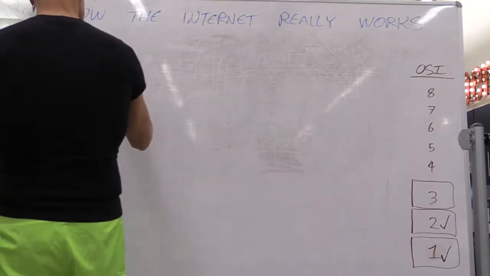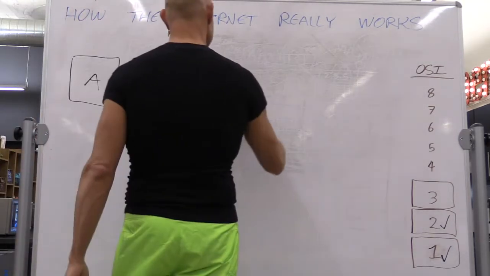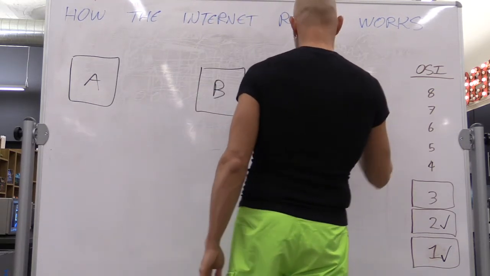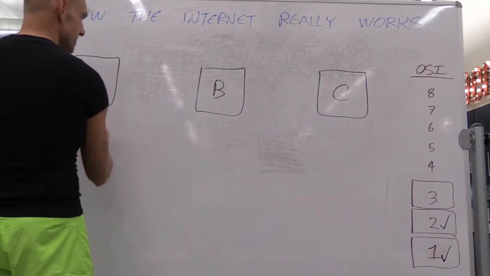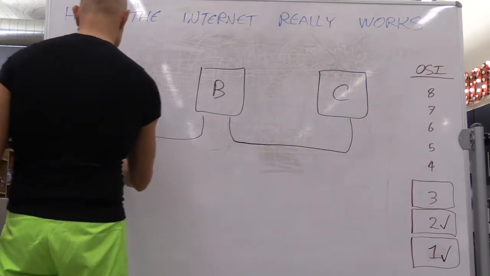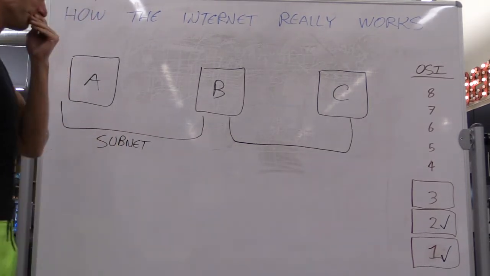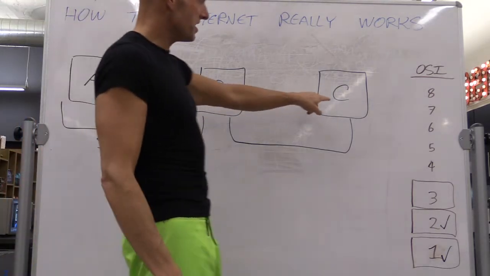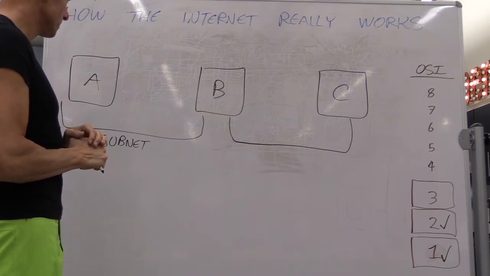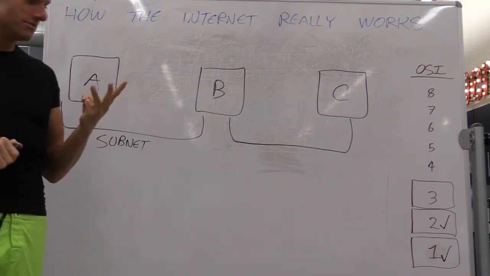So if you've got 3 computers, I'm doing away with the whole network segment thing now because it no longer really matters. These guys are in the same subnet. These guys are in the same subnet. For A to talk to C means that A needs to have 3 pieces of information.